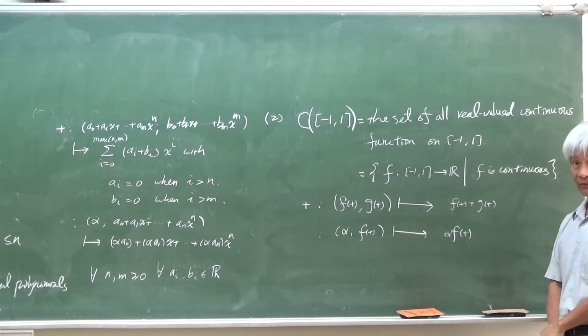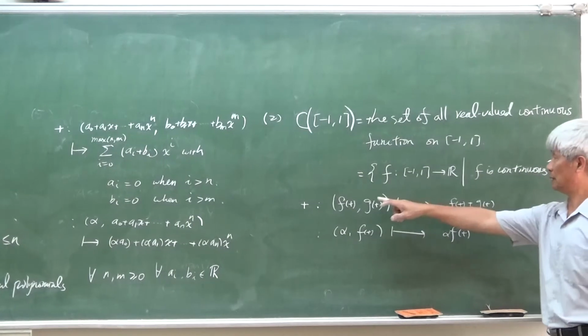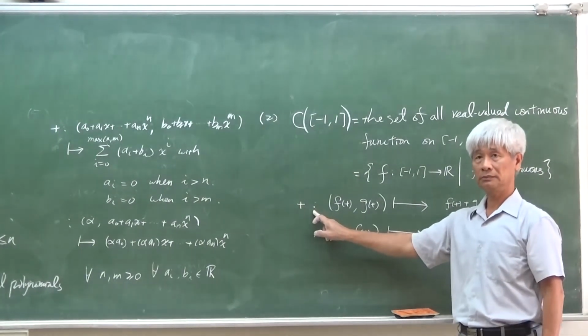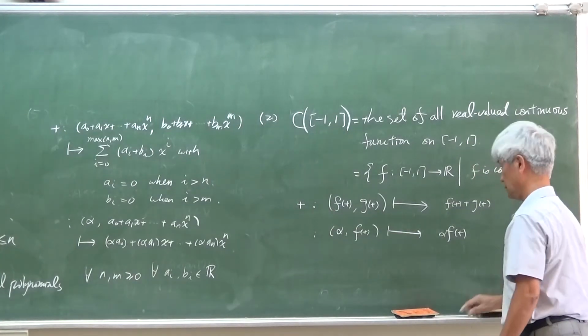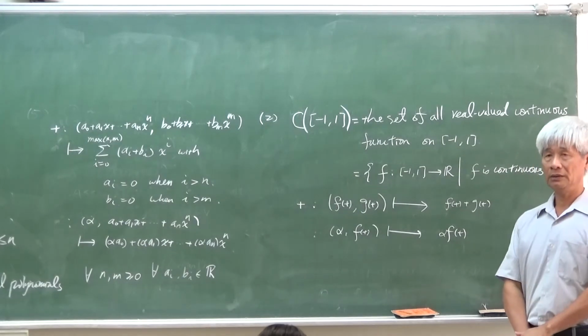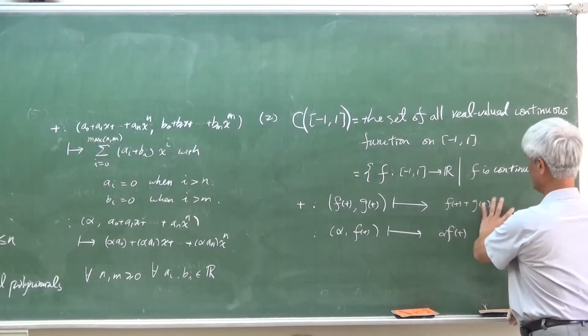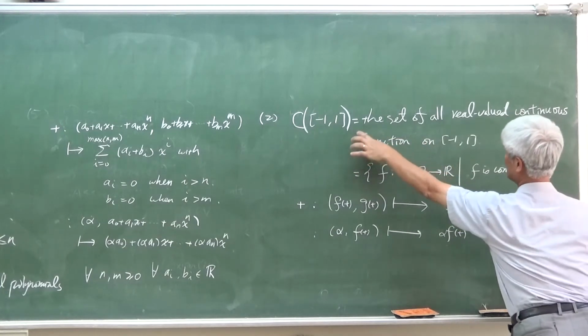The answer is yes from calculus. So this is well defined. So you have to check. Even though you give a definition, you have to check that the function value here is still in here.